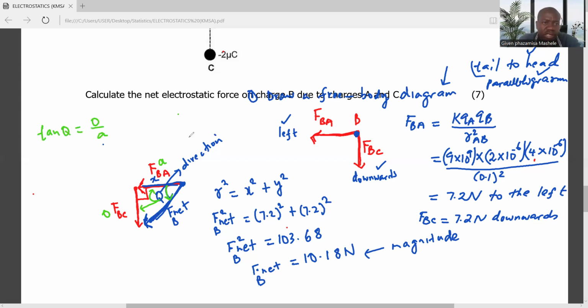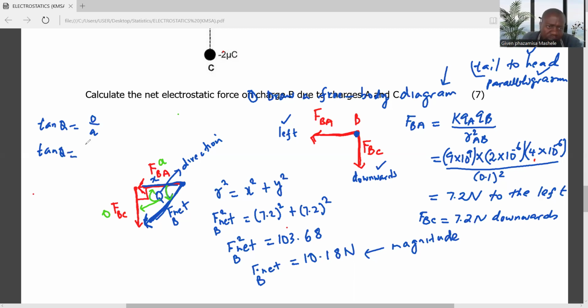Let me use a more visible color. Okay, so tan of theta is opposite over adjacent. And guys, what is the opposite here?